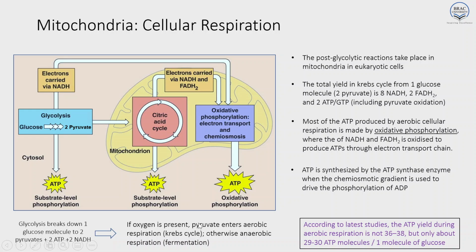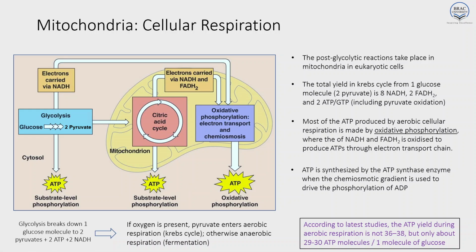So when a cell is under stress and requires much more energy, but all the mitochondria are overloaded or saturated, all the enzymes are saturated, so not enough energy is produced, but the cell's energy demand is high.